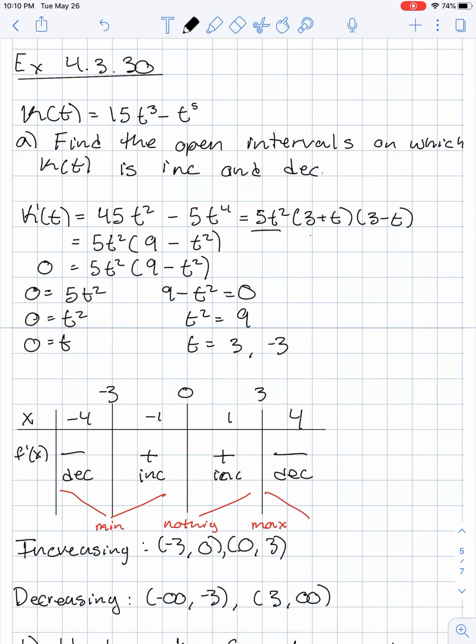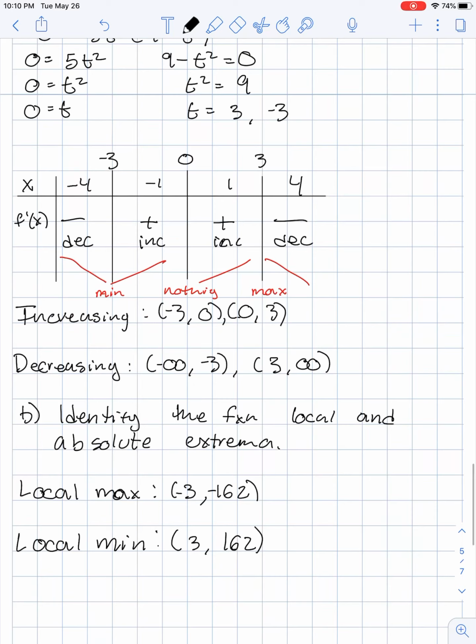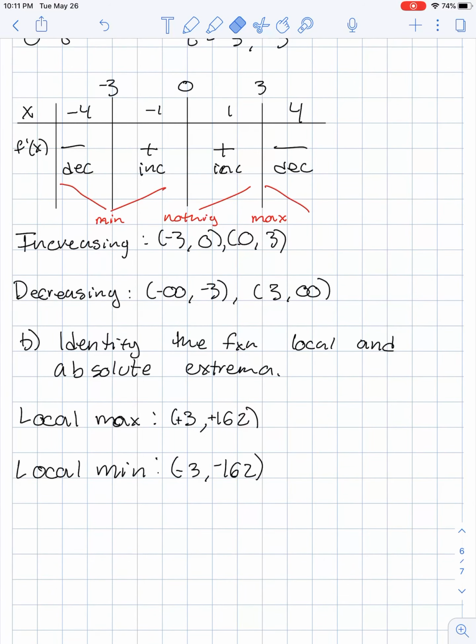Hold on. Oh, duh. Getting my head all unraveled. So my max is at +3, and my local min is at -3. What was I thinking? Okay. So sorry. So that can happen where a local min can be smaller than your local max. Okay.